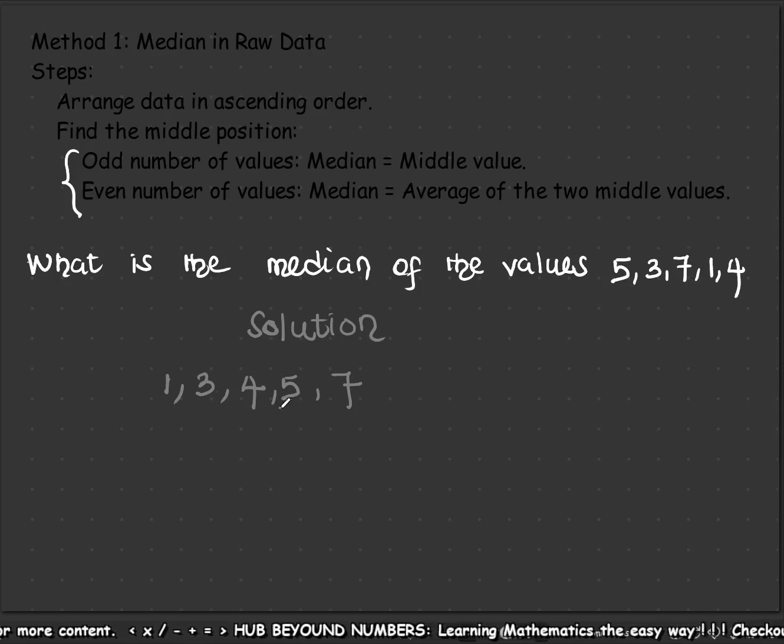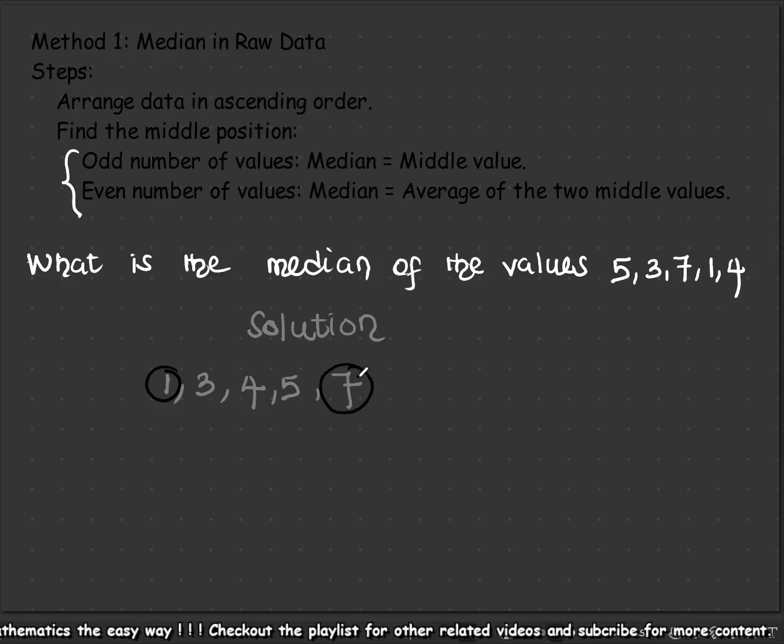Now that we have arranged them, we look at the middle one. You see, we look at the number in the middle position. I realize that this one here takes off this one, so I'm trying to take off the values from the extremes.